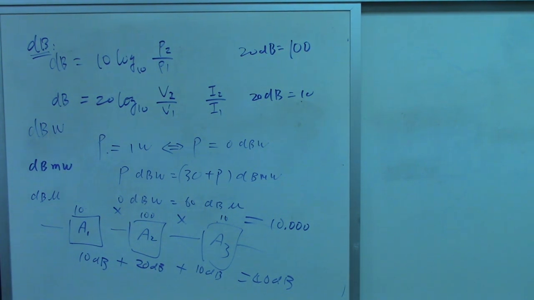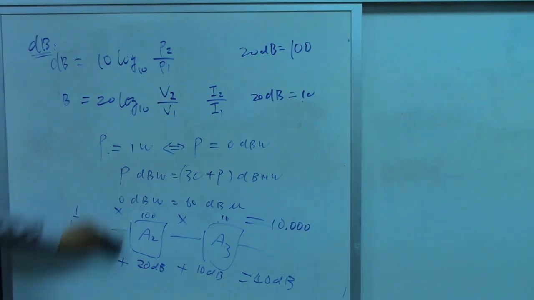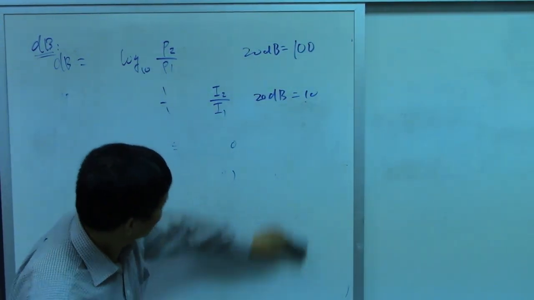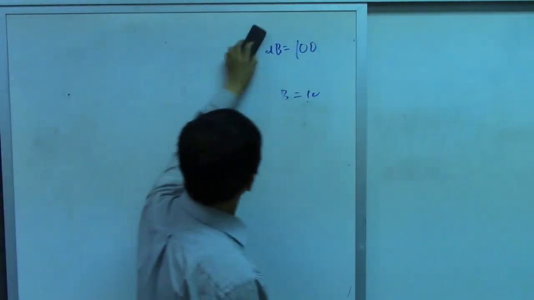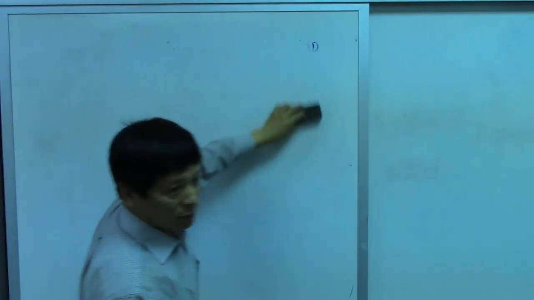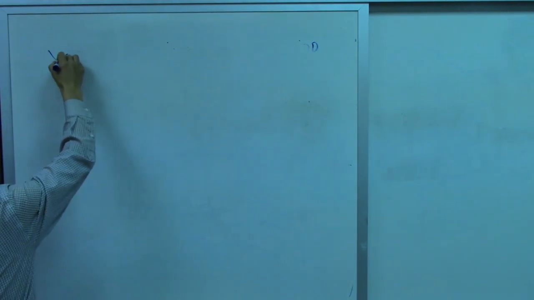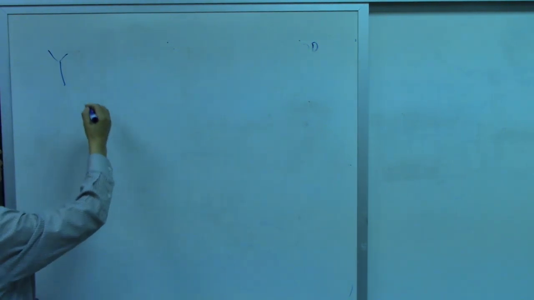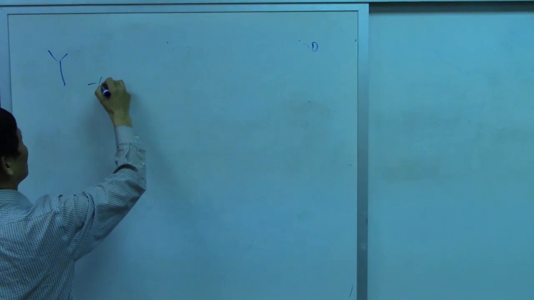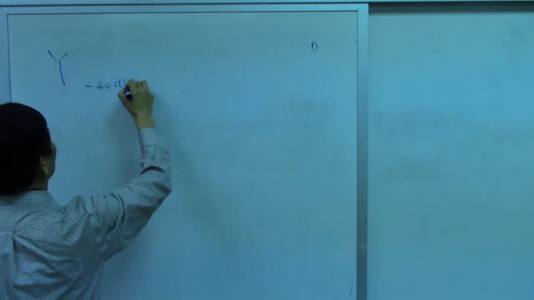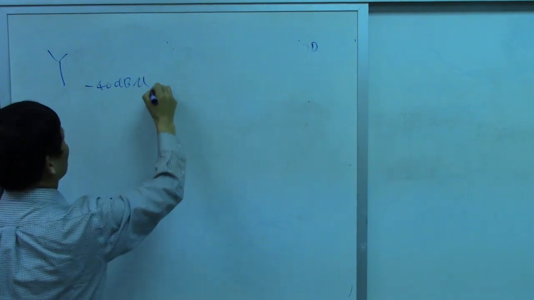Let me give you another example. Sometimes a guy will go to your home to repair the cable TV, and suppose he has a meter to measure the power level. Now, suppose we do it ourselves. The power level from the antenna equals, for example, we just made up some numbers, negative 40 dB micro.